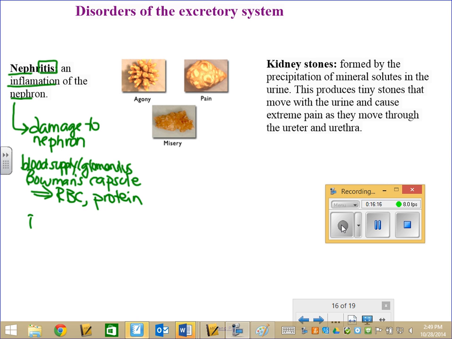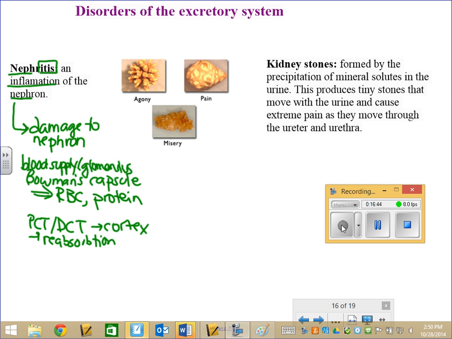Now, if I was to talk about the proximal or the distal convoluted tubule, which I'll abbreviate PCT-DCT, both of those are found in the cortex, so that's the outer layer of the kidney, and so that's why I'm grouping them together. This is the spot where a lot of reabsorption happens.